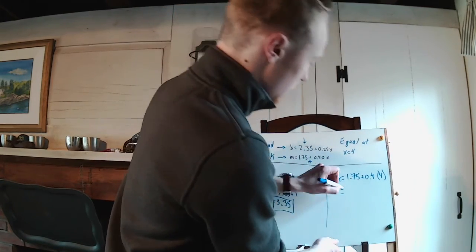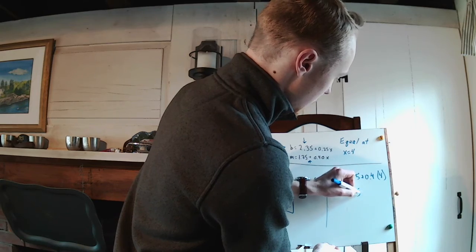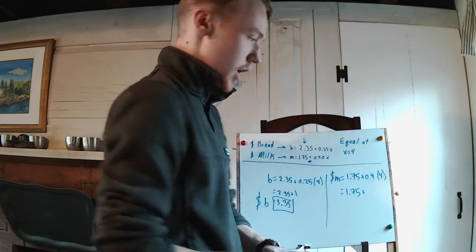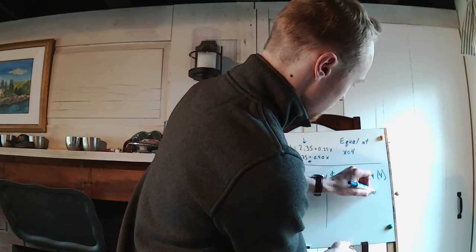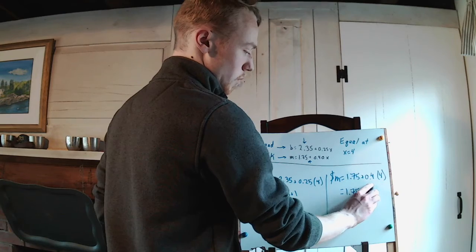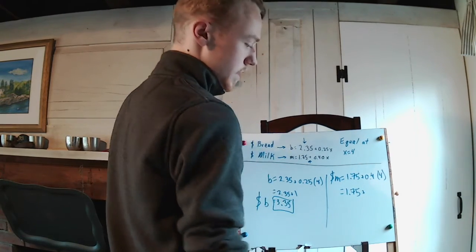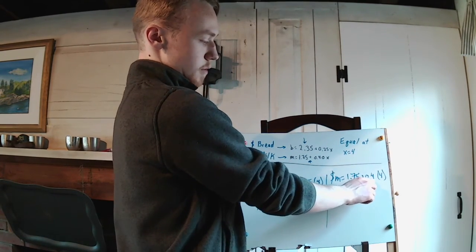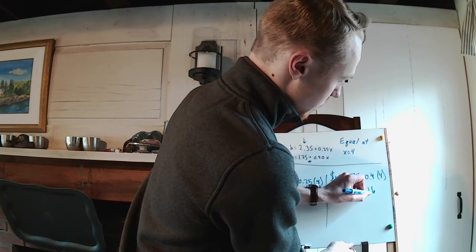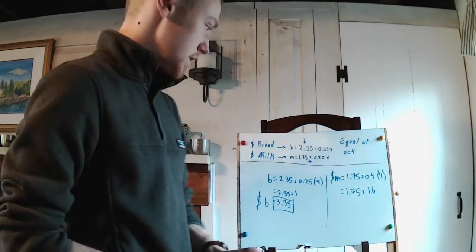Now let's calculate this out. This is equal to 1.75 plus, and then 4 times 0.4. That's going to give us 1.6. You can either do that with a calculator, or you can just say that 4 times 4 is 16, and there's one decimal place. So you move this decimal from here over to here. There you go. 1.6. Okay.